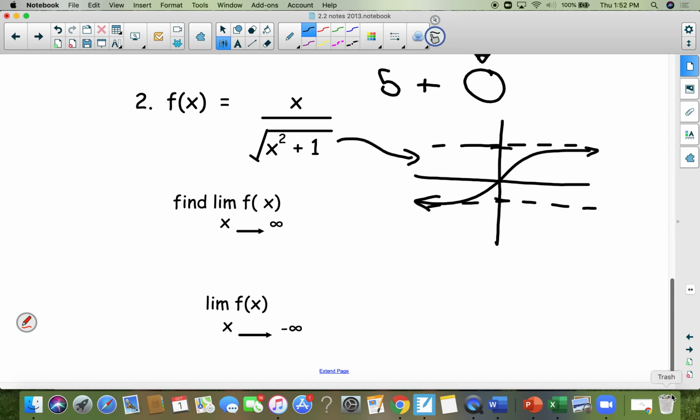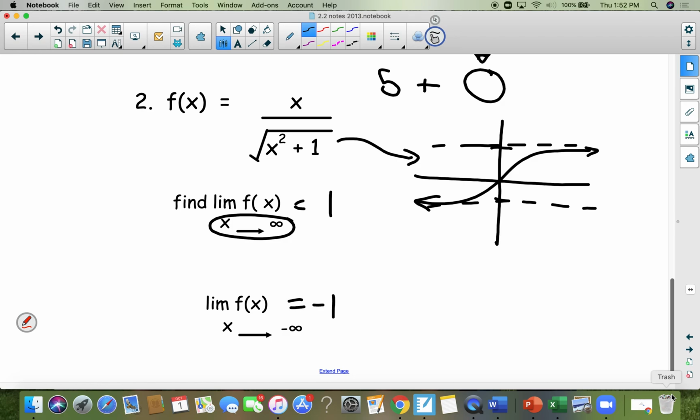You have to notice that as x is getting bigger and bigger, your y value is getting closer and closer to what? 1. And as x is getting closer and closer to negative infinity, then the y value is getting closer to -1.